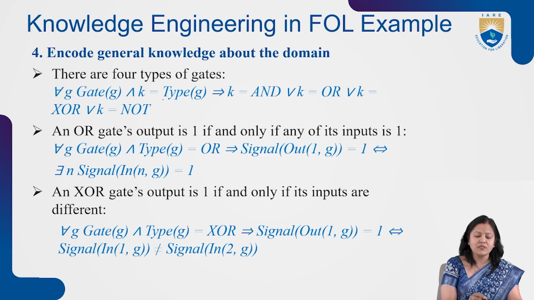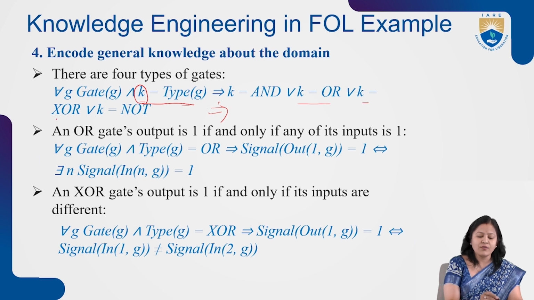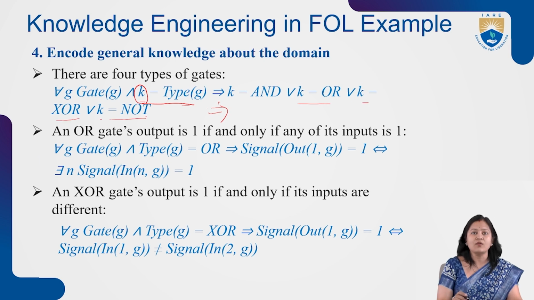Let type of g be equal to k, you assign. So every time we will not write type of g, we will assign k. So for all g, gate g and type of g equal to k implies k is equal to AND, or k is equal to OR, or k is equal to XOR, or k is equal to NOT. So k can be any gate, and there are 4 types of gates.